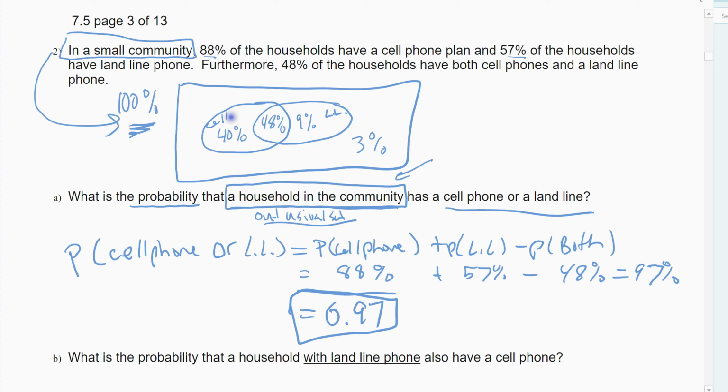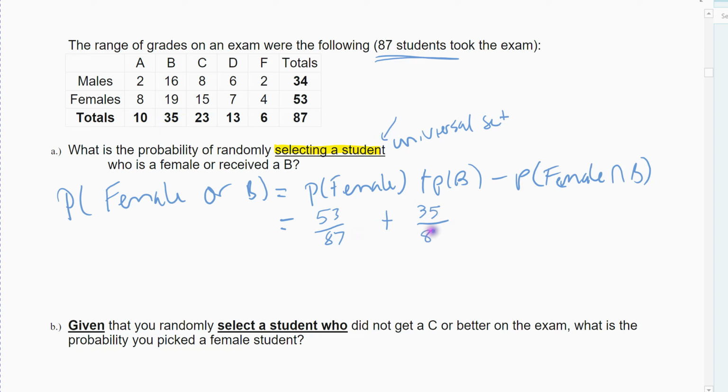Plus the probability they're a B student, so there's 35 B students out of 87, minus anybody I counted twice, which if I look here, these 19 students were both female students and B students, and so I counted them in both groups, so I have to make sure I subtract away that 19.